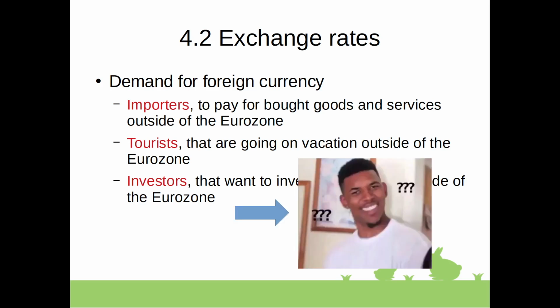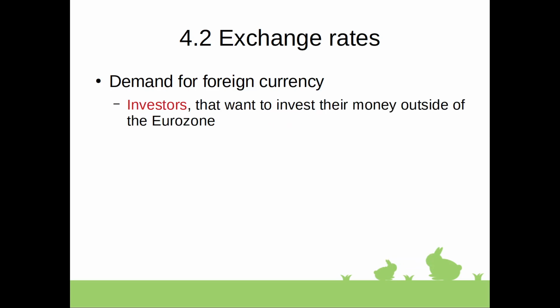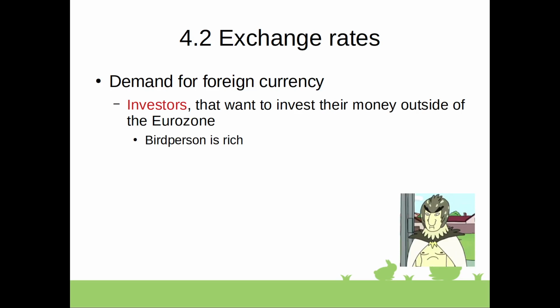This thing has my classic meme over here. Why is this last one important, or how does this work? Here we have a slide that talks about that issue in particular. Investors want to invest their money outside of the Eurozone. Think about Bird Person. Bird Person is a character from Rick and Morty, and he is rich.